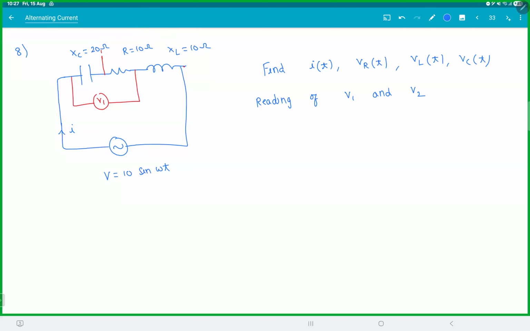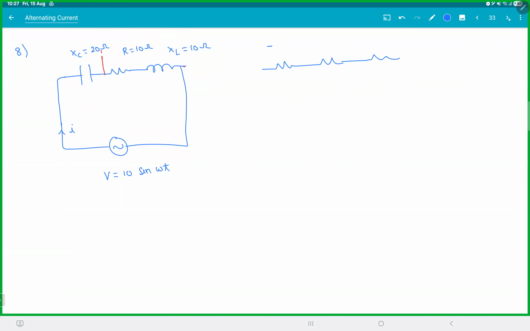Anyway, let's see. So let's remove this voltmeter for a moment. So if I write this in terms of resistance, this guy is minus 20j, this guy is 10, and this guy is 10j. XL, R, and this is XC. So what is the impedance? 10 minus 10j.